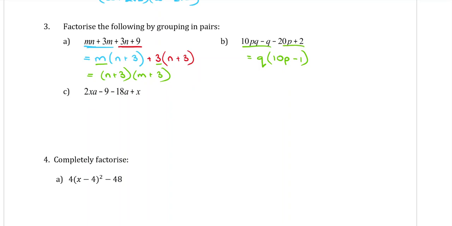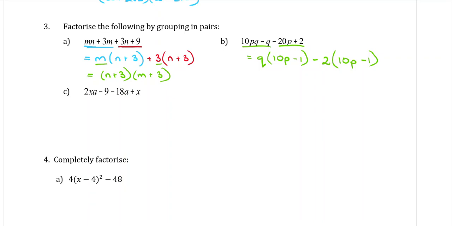Then from the third and fourth term, I could bring out a 2, but if I brought out a positive 2, I would get a negative 10p in here, which is not good. So instead, what I need to do is bring out a negative 2 as a factor, so that it becomes a positive 10p there. 2 divided by minus 2 would make a negative 1, and now my bracket's the same.